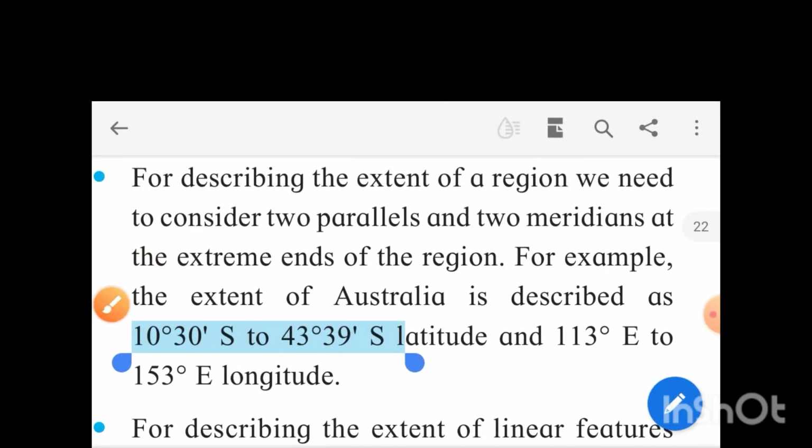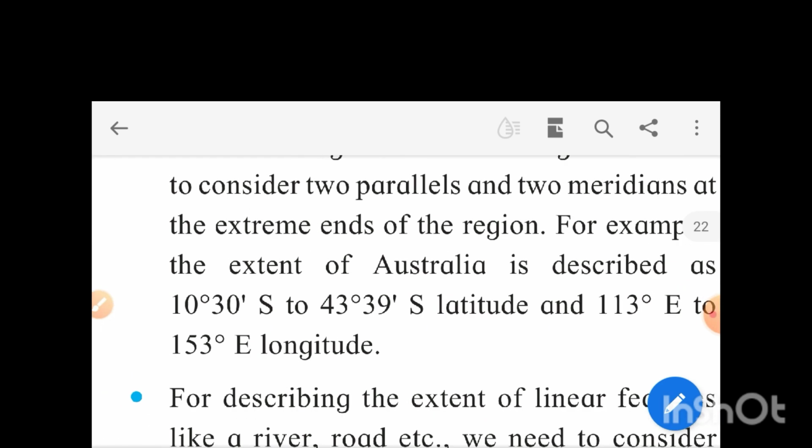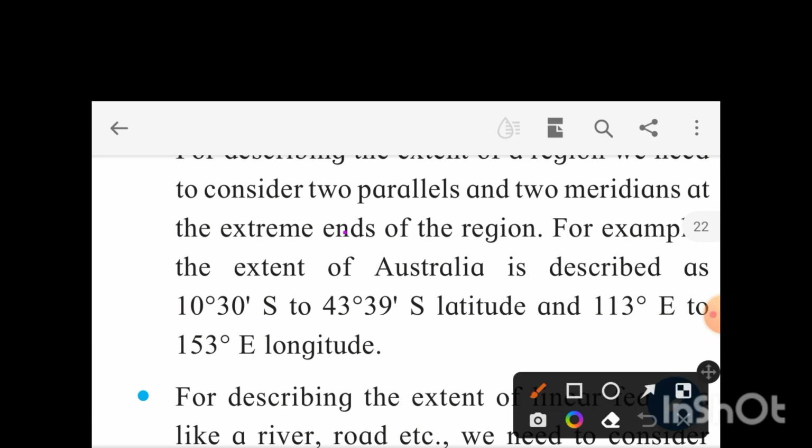The latitude of Australia is 10 degree 30 minutes south to 43 degree 39 minutes south. Latitude means the parallel lines.